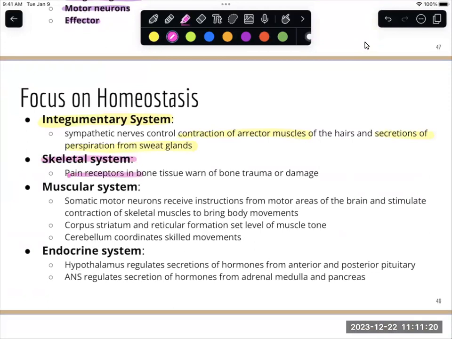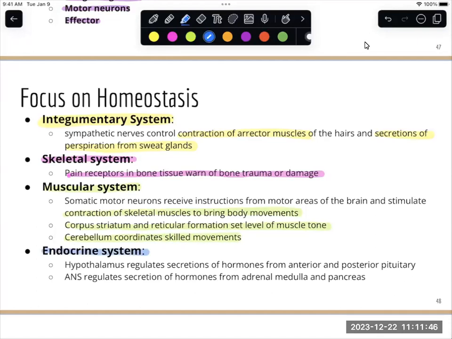We have pain receptors in our bone that helps to warn of bone trauma and damage. Muscular. Contraction of skeletal muscles to bring on body movement. That corpus striatum and reticular formation sets that muscle tone. Then we have the cerebellum that coordinates movement.